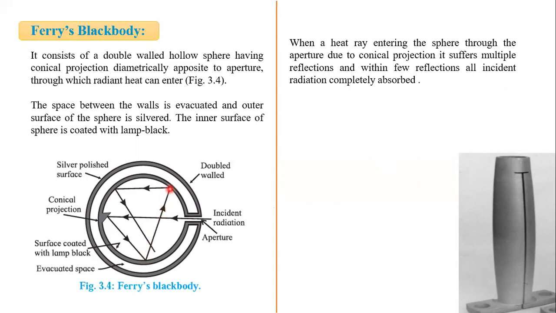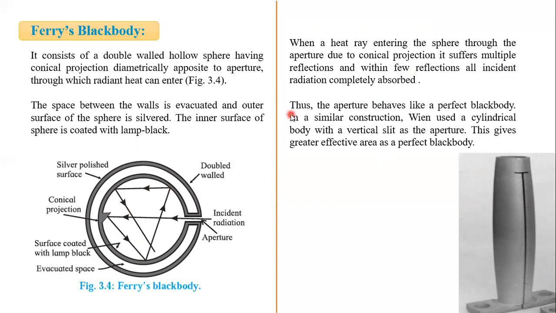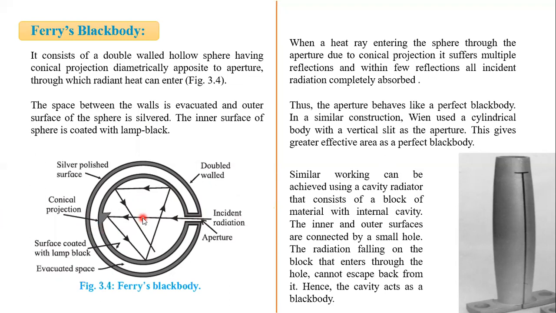Again, out of these two, 97-98% is absorbed here and the remaining reflected. So within a few reflections, all the radiation is completely absorbed. Thus, the aperture behaves like a perfectly black body, because whatever heat is incident on this portion is absorbed by the body. So the aperture is acting like a perfectly black body. The area of the body is equal to the area of the aperture, that you remember.